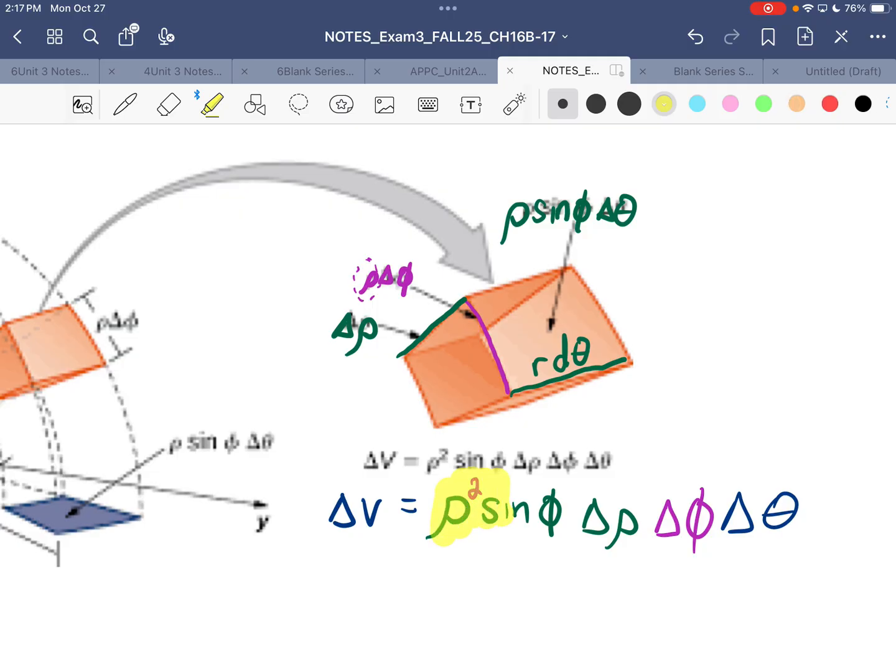This is like the r dr d theta in polar. This is kind of like the same thing that you have to multiply by. And today we're going to learn more about Jacobians, which are making these little multipliers happen, and why it's always the same for changing in polar versus in spherical.